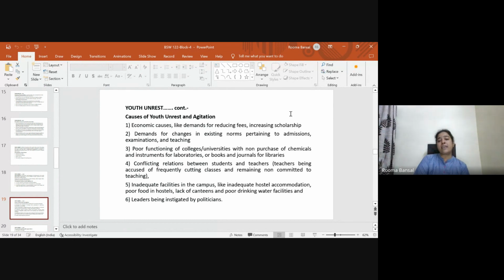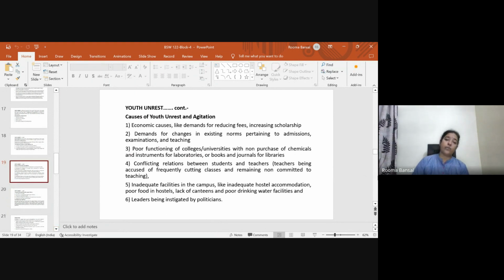Last point, leaders being instigated by politicians. Here we can take the example of JNU, Jawaharlal Nehru University, Delhi. This university, or any other university or educational institute, is available for providing education. This is not the place to do politics, but some politicians try to influence student leaders. We have heard about the JNU case where students started slogan shouting against the ruling government party.